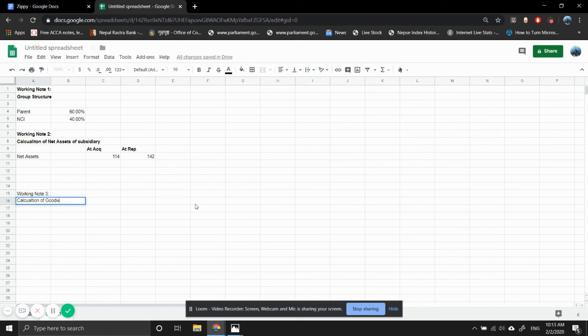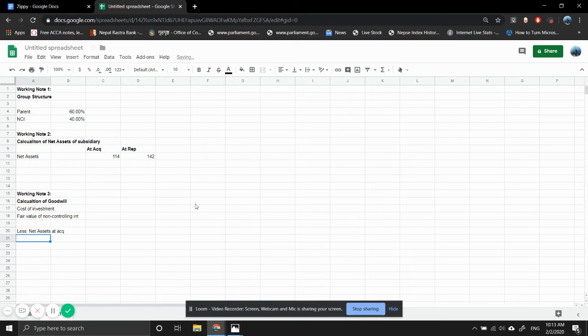Calculation of goodwill, right? Cost of investment, fair value of non-controlling interest, and then less net assets at acquisition.